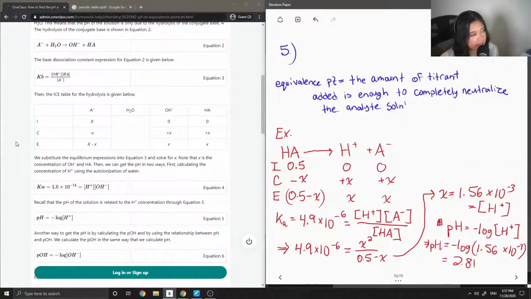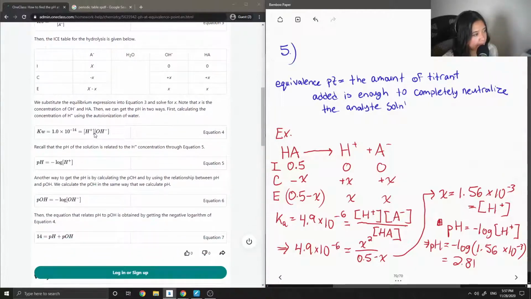So here is the ICE table for the hydrolysis shown in equation 2. So we substitute the equilibrium expressions into equation 3 and solve for X. Note that X is the concentration of OH minus and HA. Then we can get the pH in two ways.